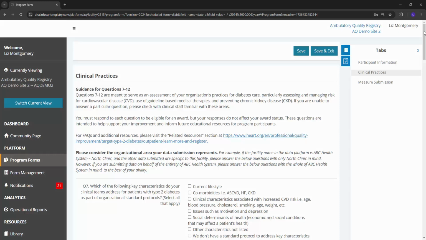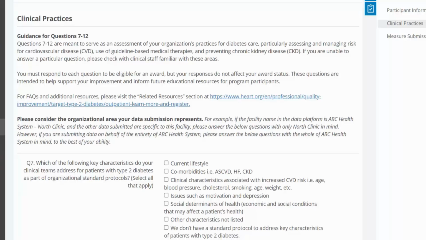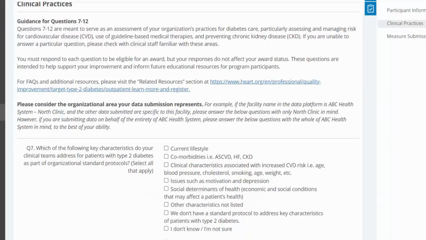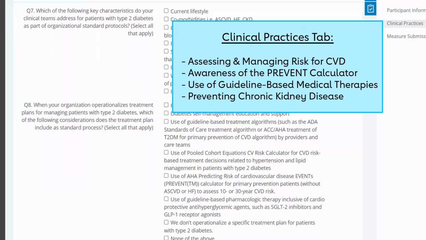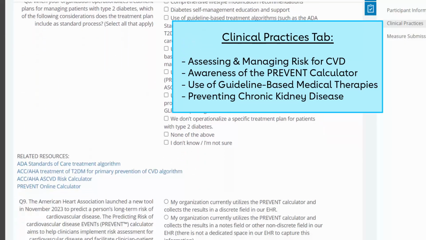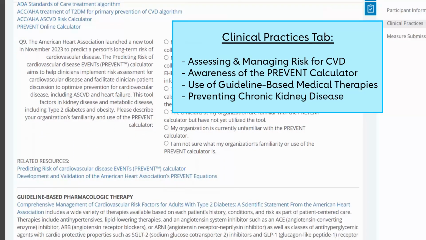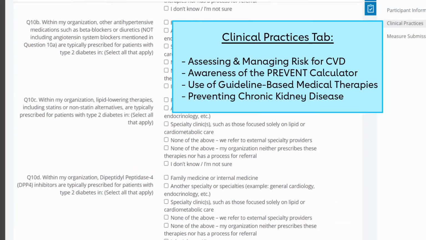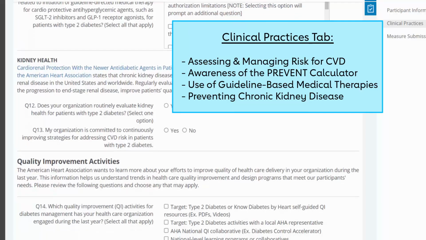The second tab includes questions on your clinical practices. Questions 7 through 12 are meant to serve as an assessment of your organization's practices for diabetes care, particularly assessing and managing risk for cardiovascular disease, including awareness of the Prevent calculator, use of guideline-based medical therapies, and preventing chronic kidney disease.